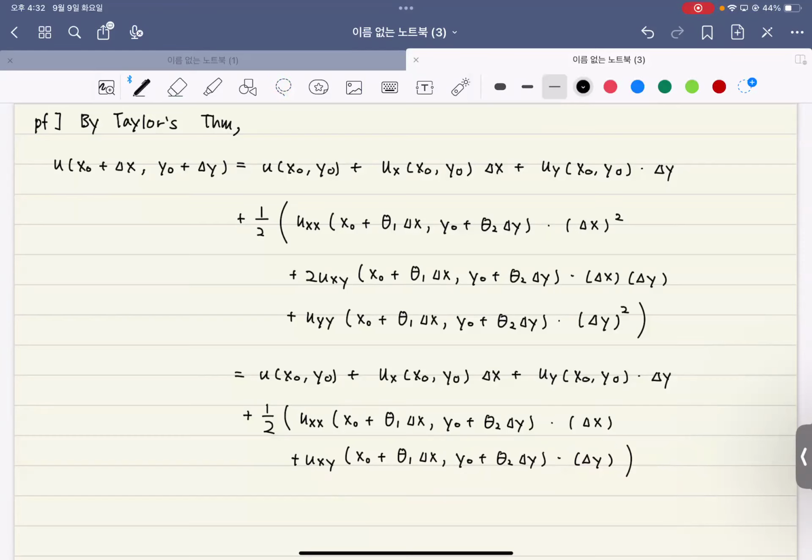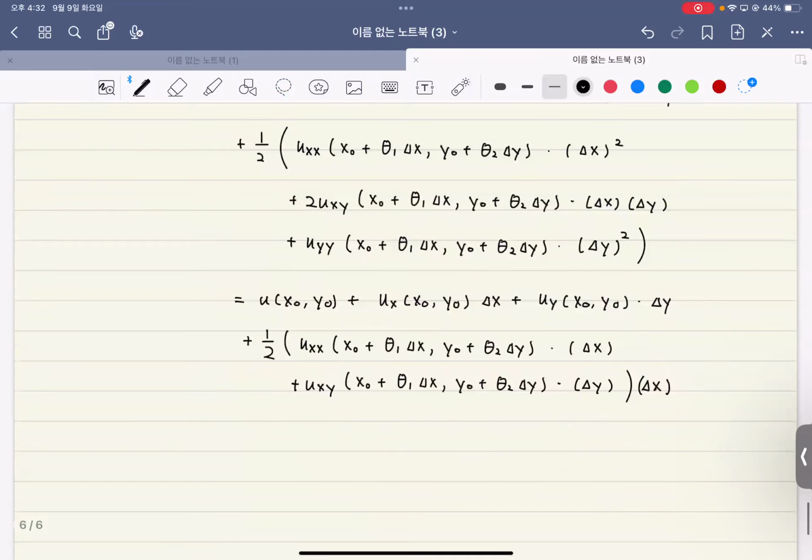And everything multiplied by Δx, plus 1/2.